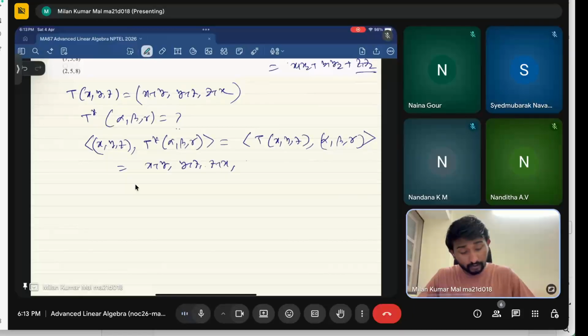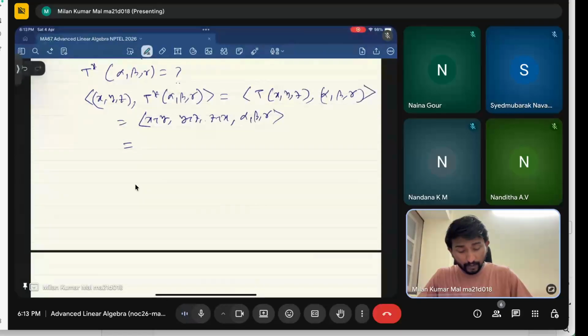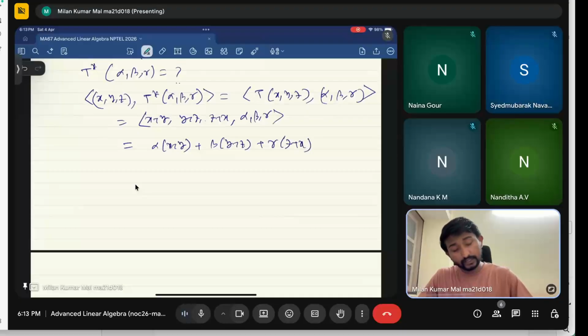If it does not work, then I'll do that. So this equals alpha times x plus y, plus beta times y plus z, plus gamma times z plus x, for all x, y, z belonging to R. Now, this is what it is.